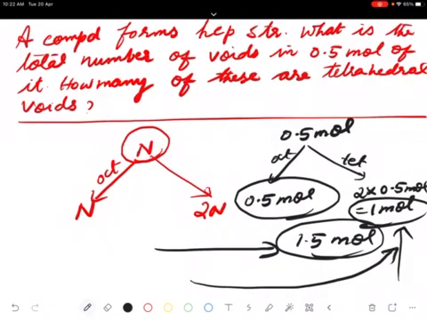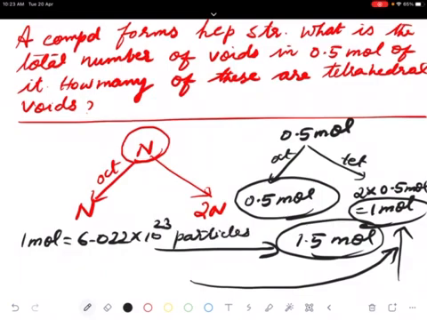Now you know that 1 mole is equal to 6.022 into 10 to the power 23 particles. Either you can write in terms of particles or you can write in terms of moles, because they just ask how many of these.